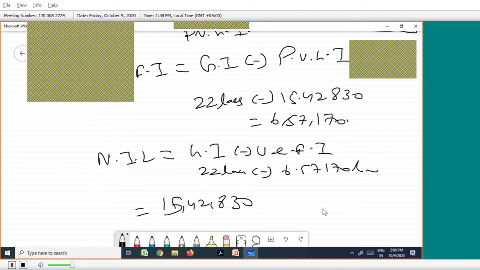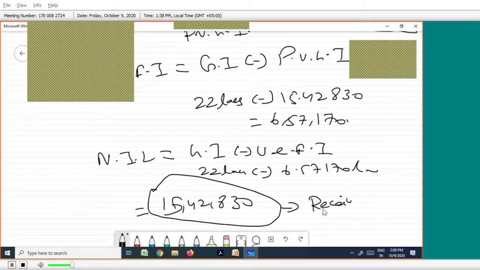This is my answer. What is the meaning? Net investment in lease is nothing but I am going to account this as receivables in the balance sheet, as an opening balance, in the books of lessor.